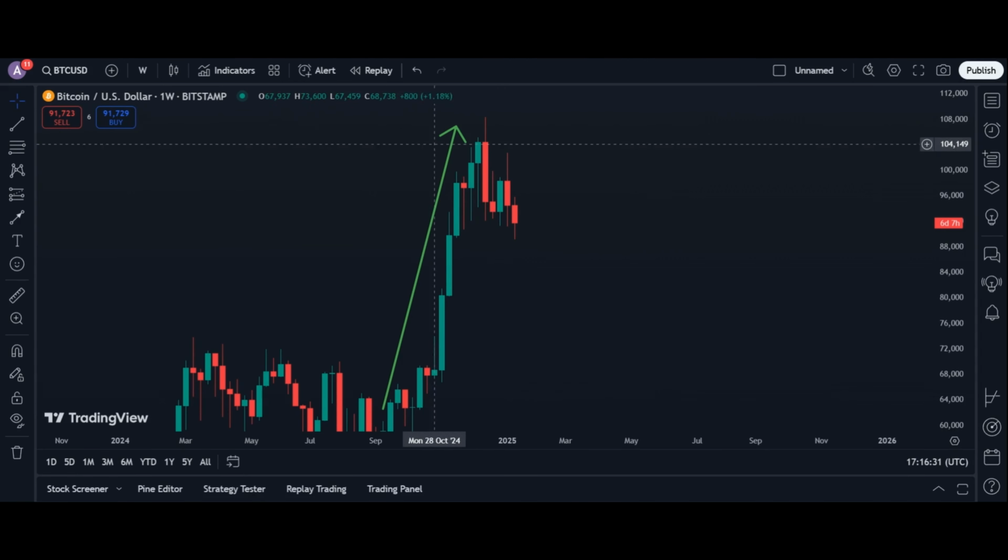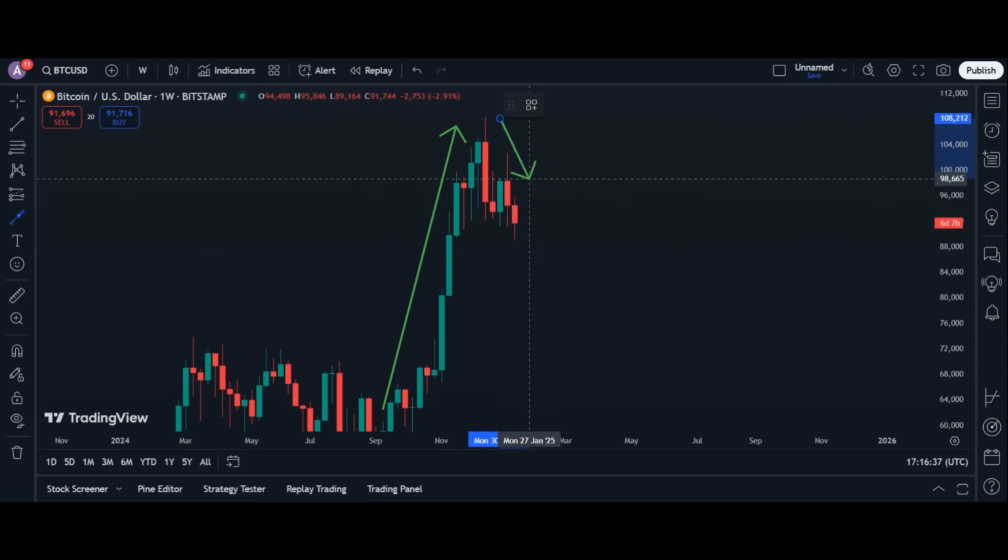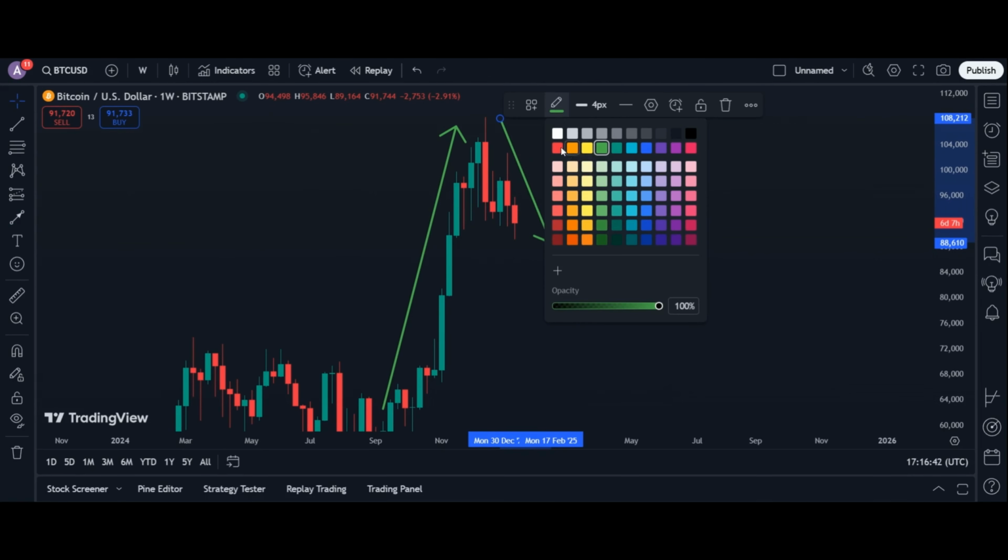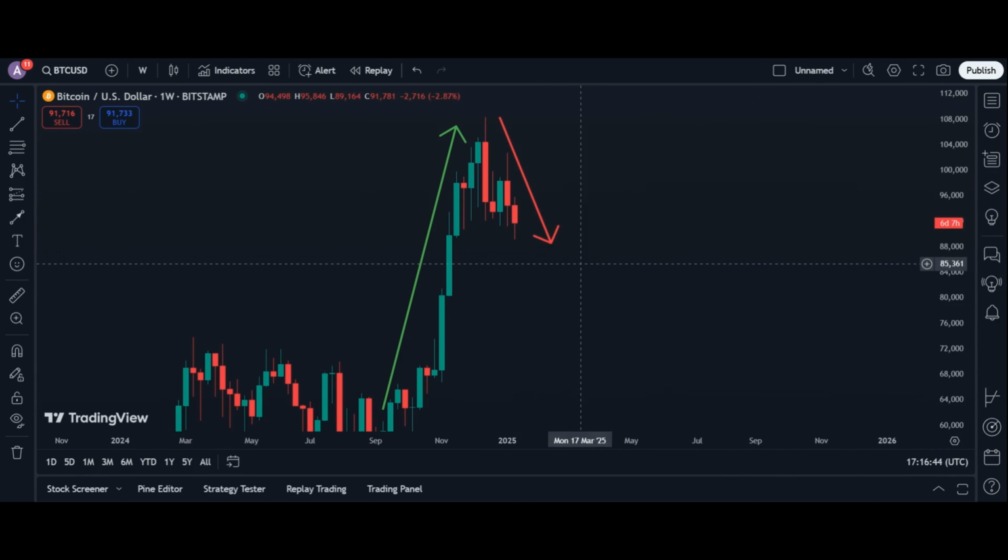It altered the trend from uptrend to downtrend, and let me use the arrow, and this is a downtrend. So the latest trend of this market is a downtrend, which happened from December till now.